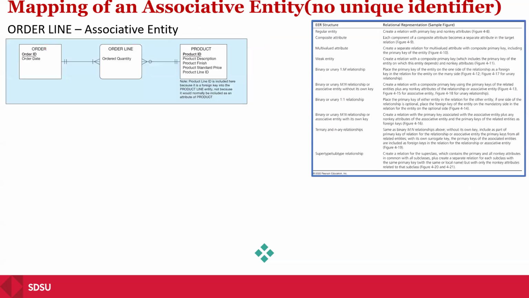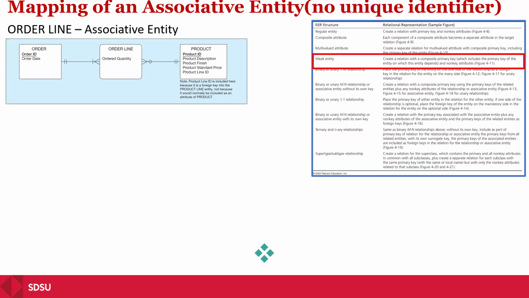So first of all, in this case, we have order, product, and order line. And order line is an associative entity, but we don't have a unique identifier for order line. So it's still a weak entity, right?